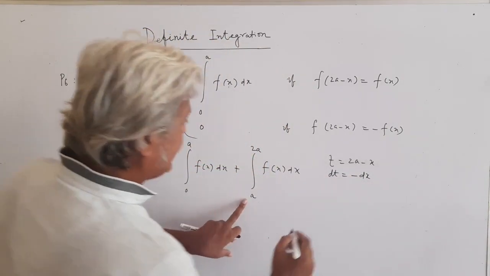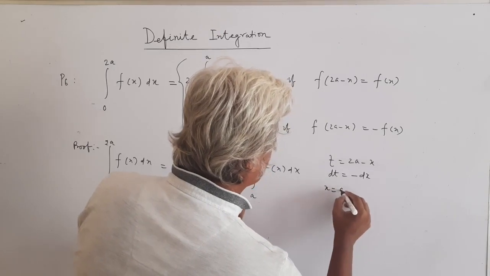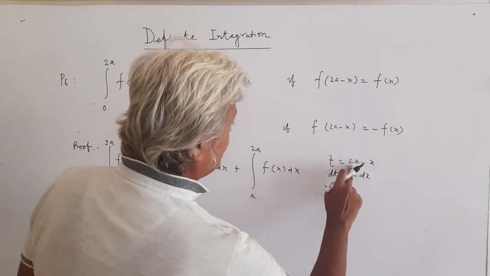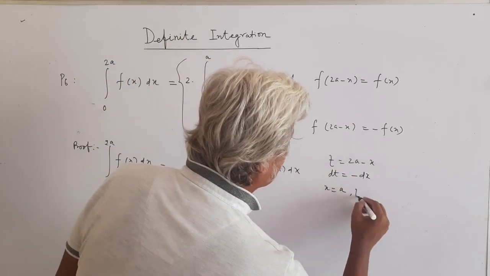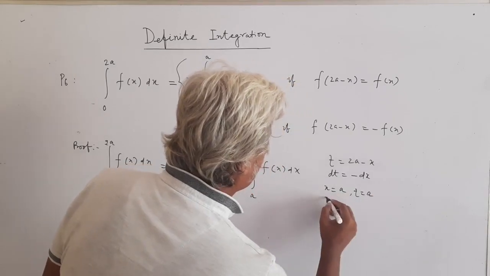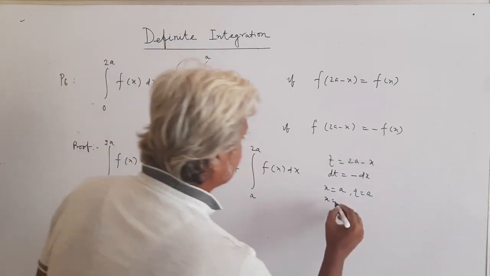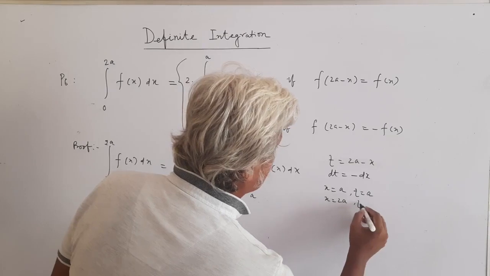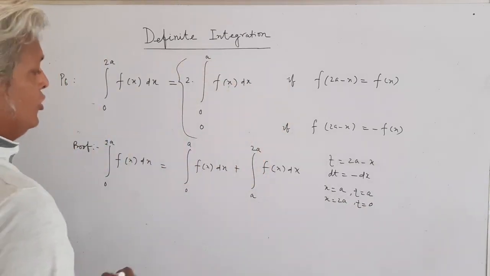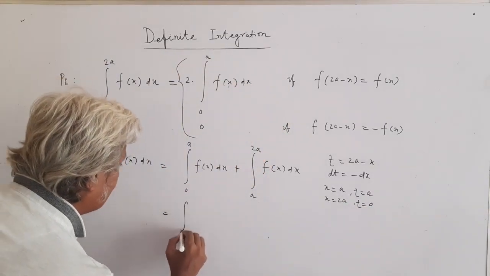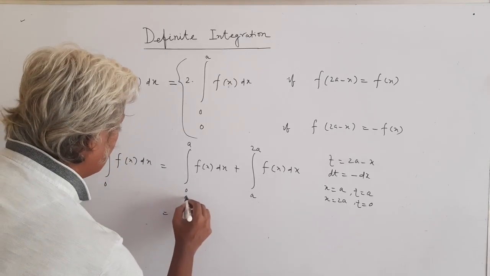Now when x is a, then 2a minus a, t becomes a, and when x is 2a, t becomes 0.